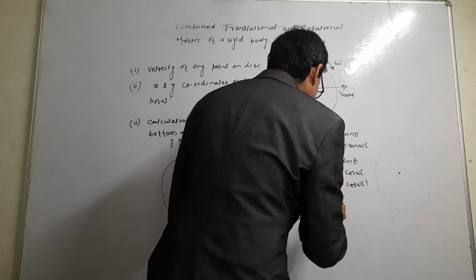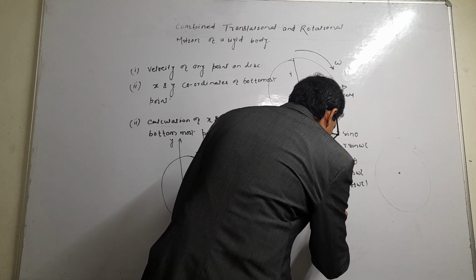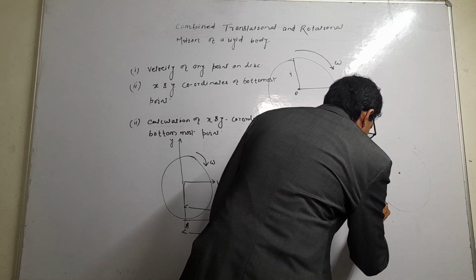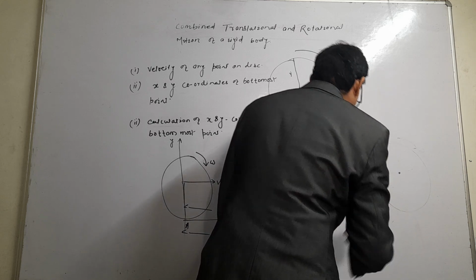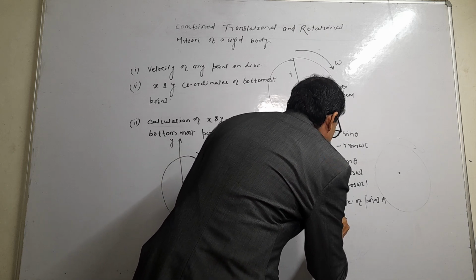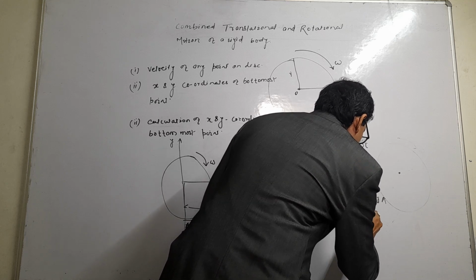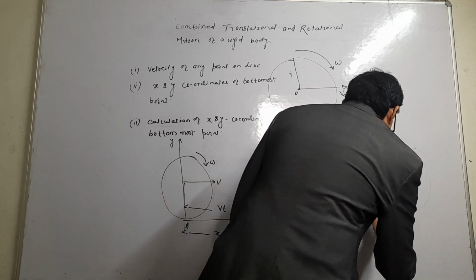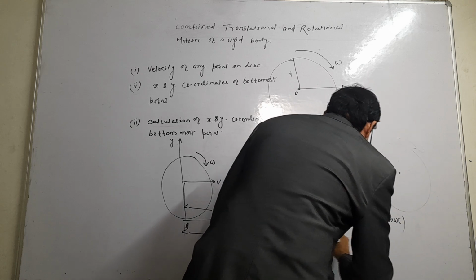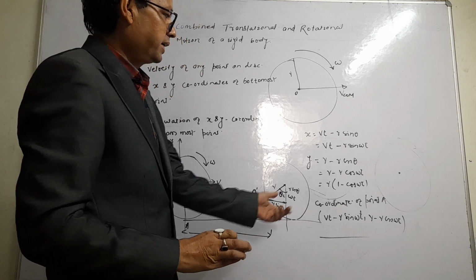Therefore, at any time t, the coordinate of the bottommost point A will be Vt minus r sin omega t, comma, r minus r cos omega t. So this is the coordinate of the bottommost point A at any time t.